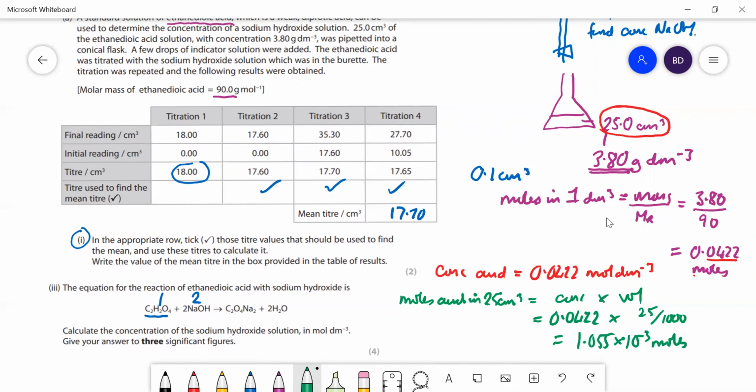So how many moles of sodium hydroxide have we added to that from the burette? Well, it's a 1:2 ratio here, so the moles of NaOH is going to be double that.